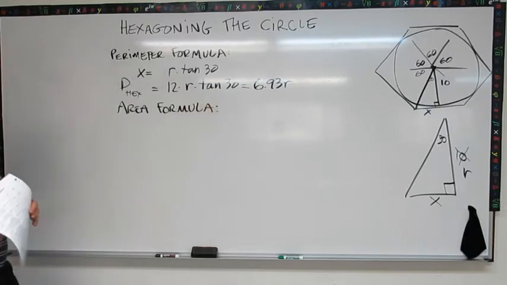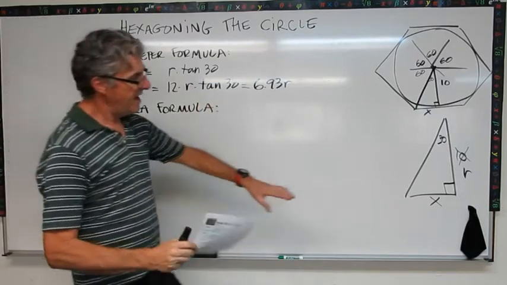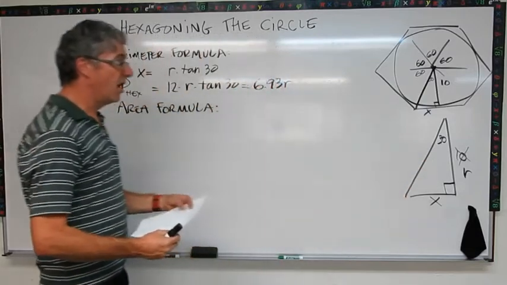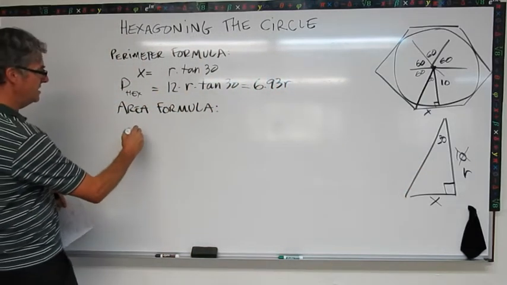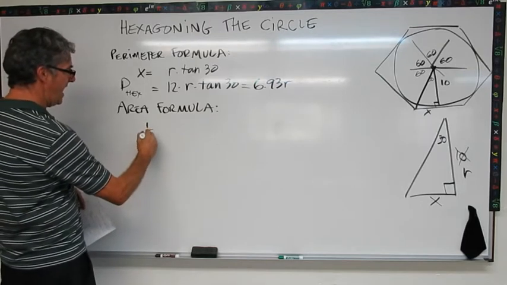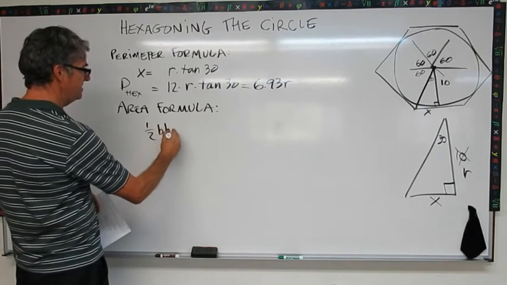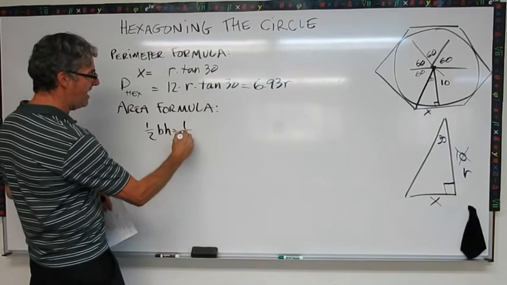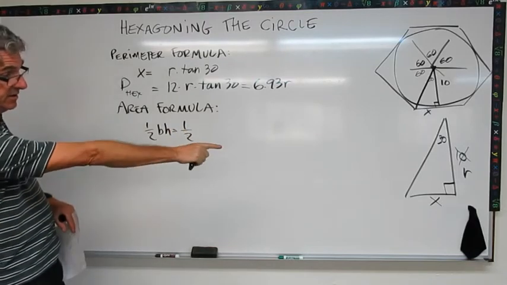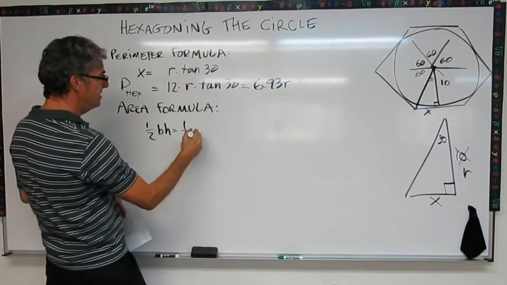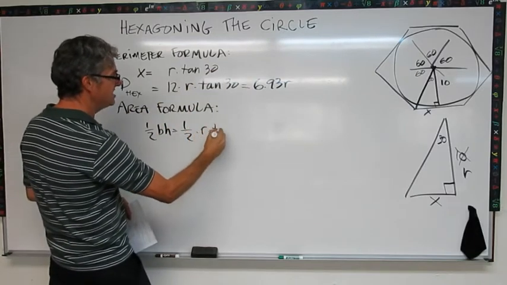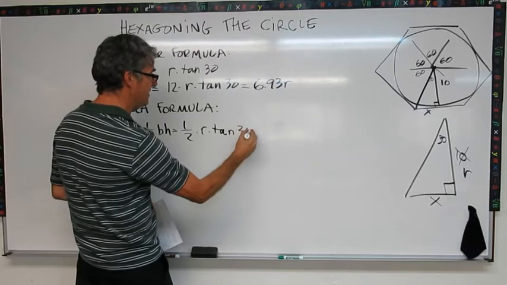So we're going to do the same bit. Now we need to use the area formula and remember our r. Okay? So area is 1/2 base times height. So it's 1/2 x. Now, x we know is right here. So it's 1/2 times r times tan 30.